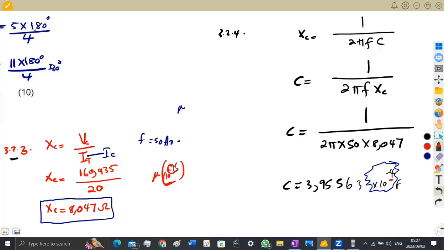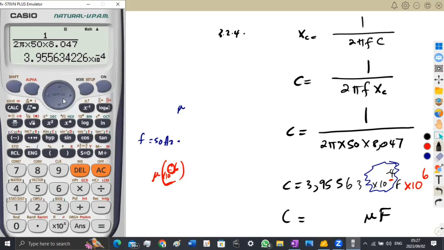You multiply your answer by the inverse, which is going to be positive, 10 to the exponent of 6, meaning automatically your answer is now in microfarads.